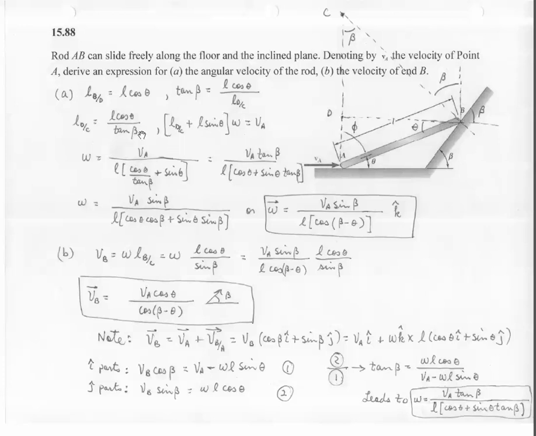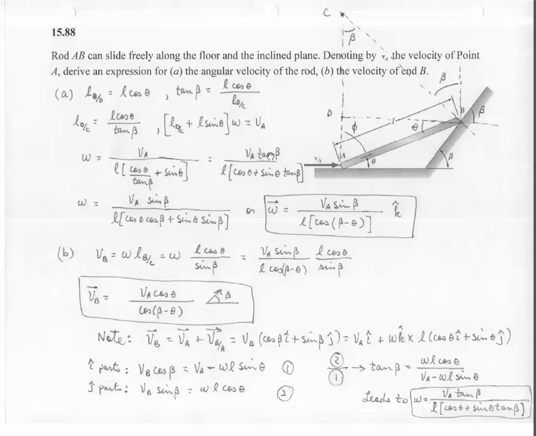When you put this in here and factor out L, you're going to have cosine theta over tan beta plus the sine theta. And you can simplify that by multiplying the top and bottom by tangent theta, and that gives you that.